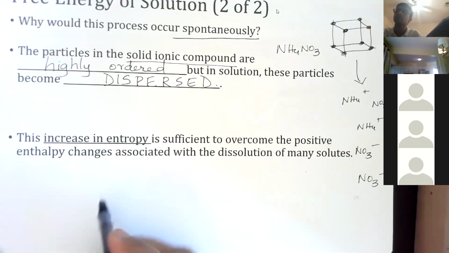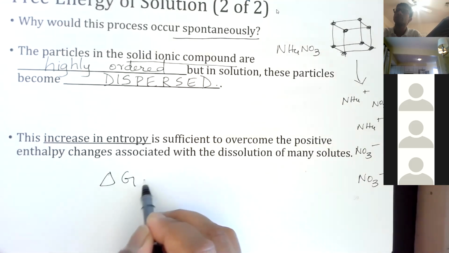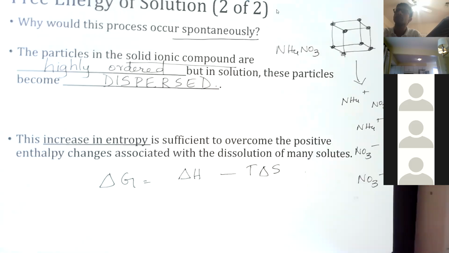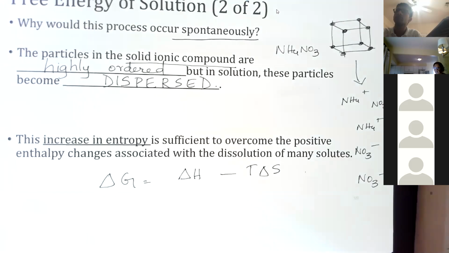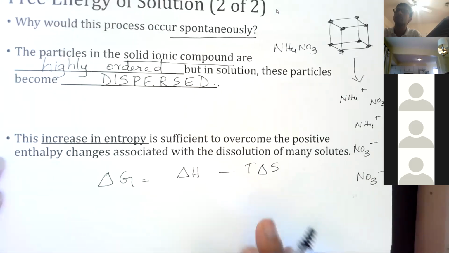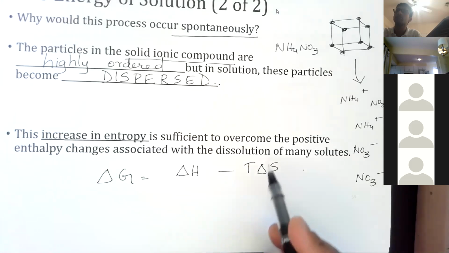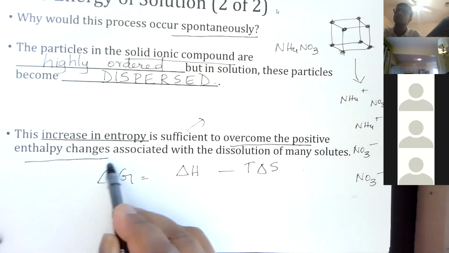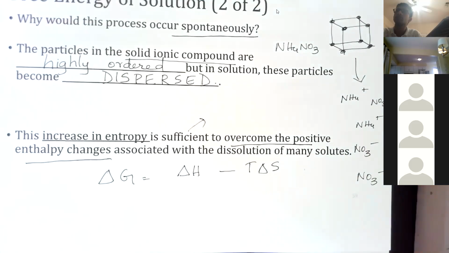So now there's a tug of war. Well, between numbers, okay? T is always going to be positive. What about the entropy? Is it sufficient to overcome the positive enthalpy changes? So overall, you do see the particles going into solution. Whether it's cooling your hand or not, it's going into solution. So that is a spontaneous process.